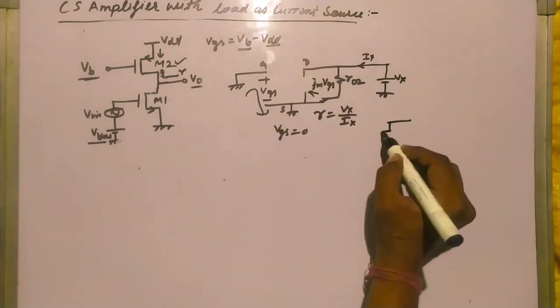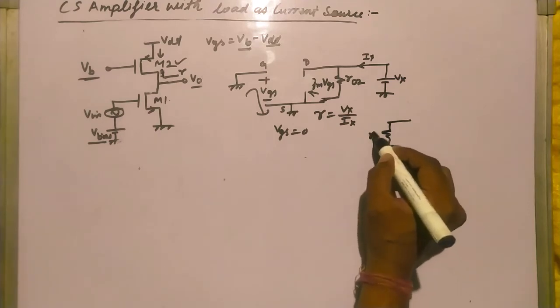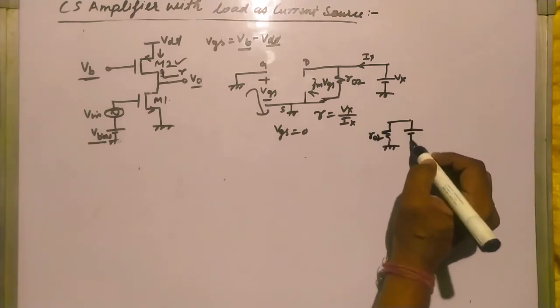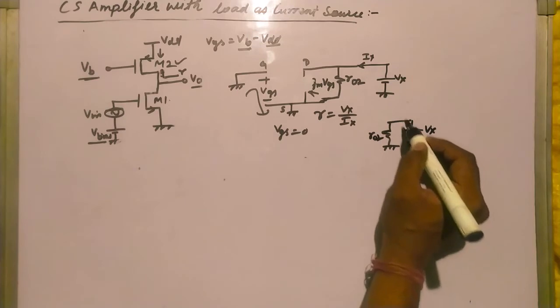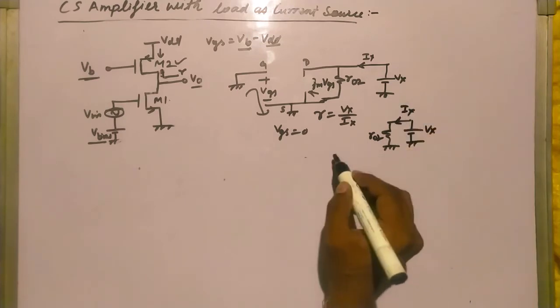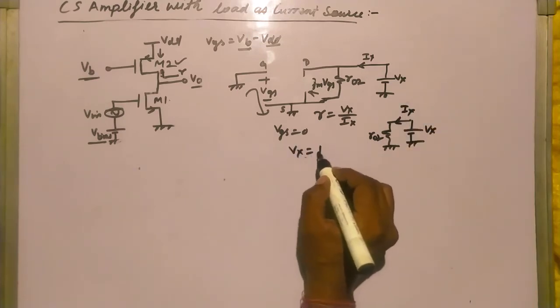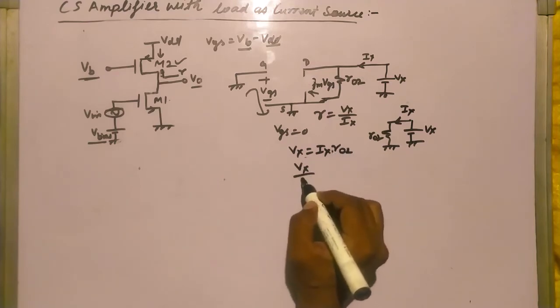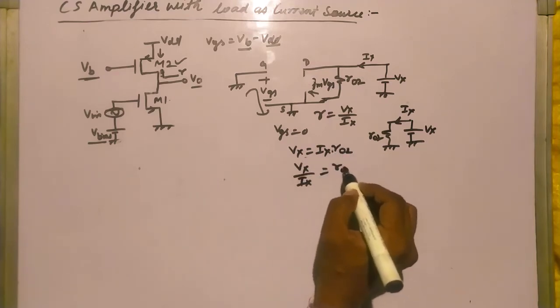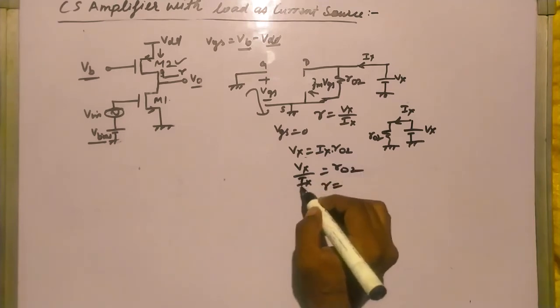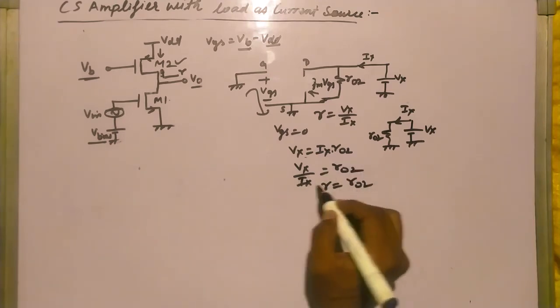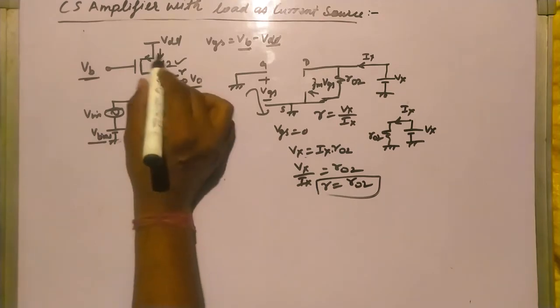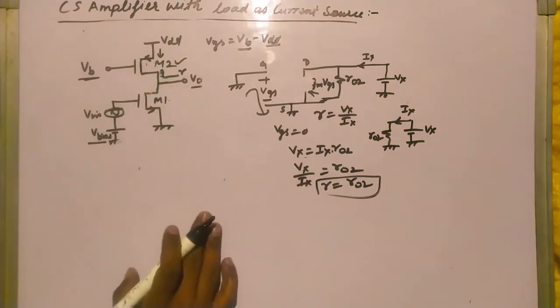It will look like this. R0 2, and there is a voltage Vx, and a current is flowing Ix. Now apply the KVL. Vx equal to Ix R0 2. So Vx by Ix equal to R0 2. So R equal to Vx by Ix, so it is equal to R0 2. So this is providing R0 2 resistance, right?